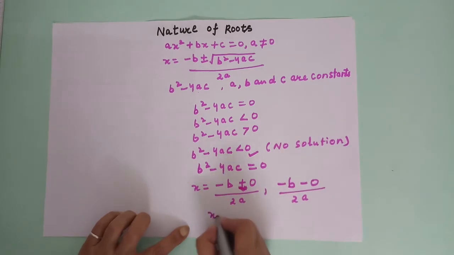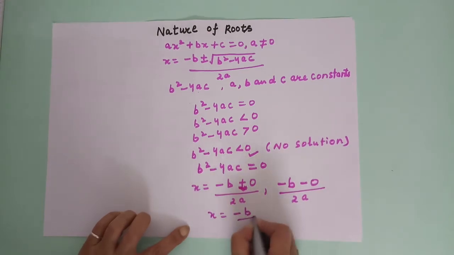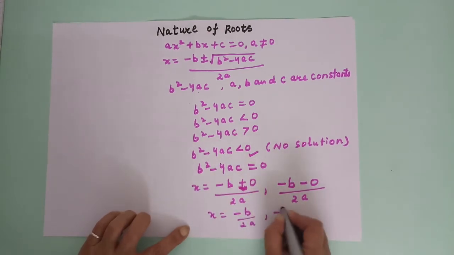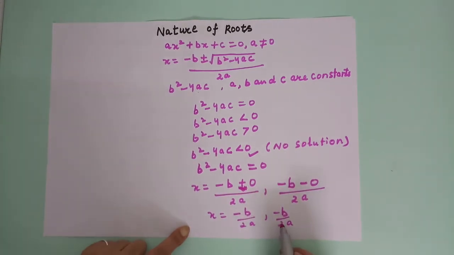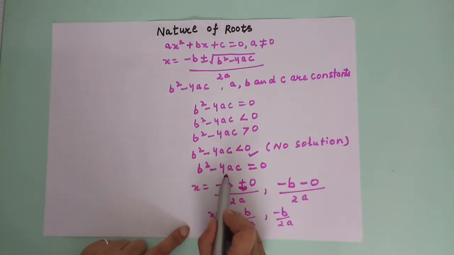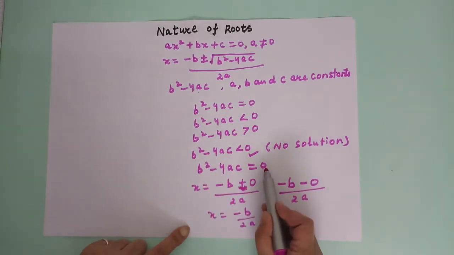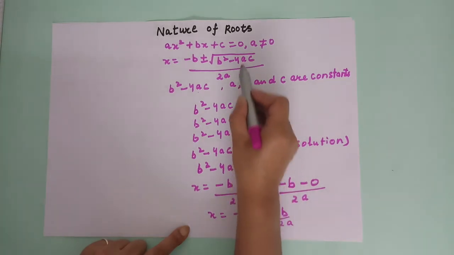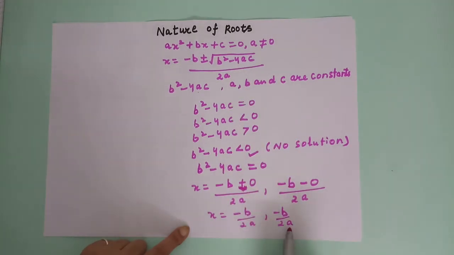So the equation will have equal roots, -b/2a and -b/2a, and of course real also, right? So we have concluded that when b² - 4ac is equal to 0, the equation will have real and equal roots.